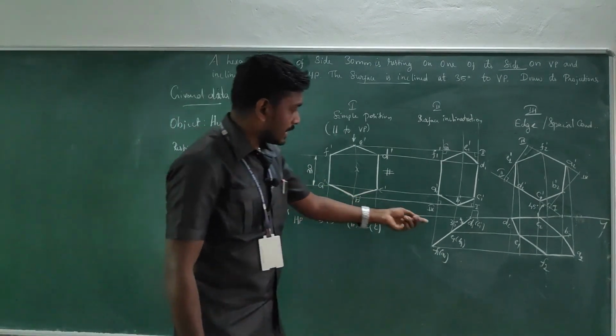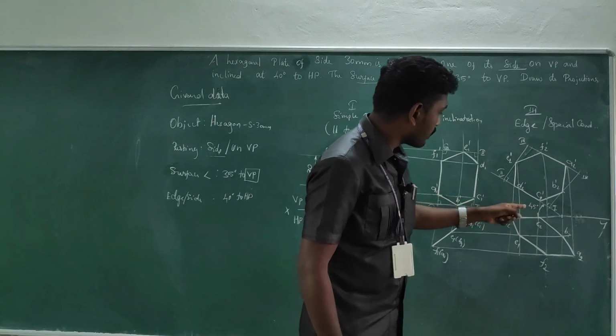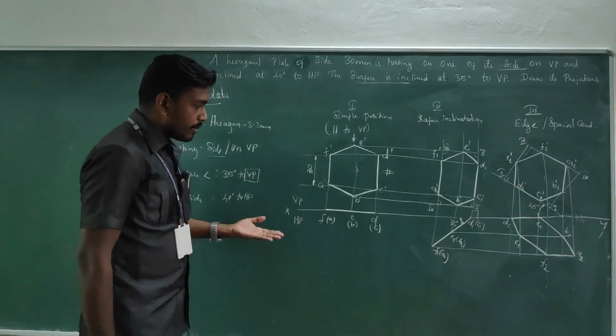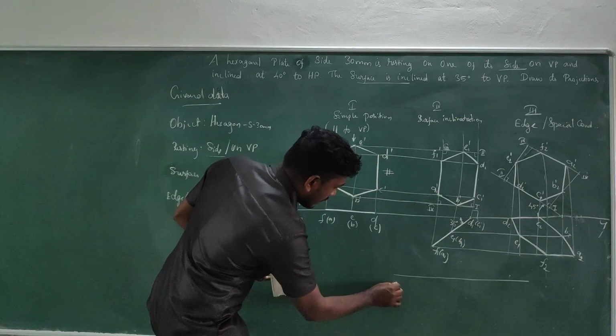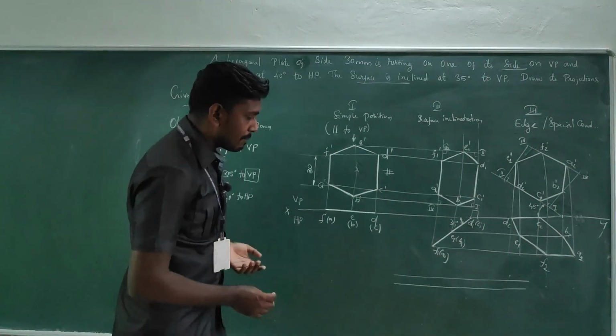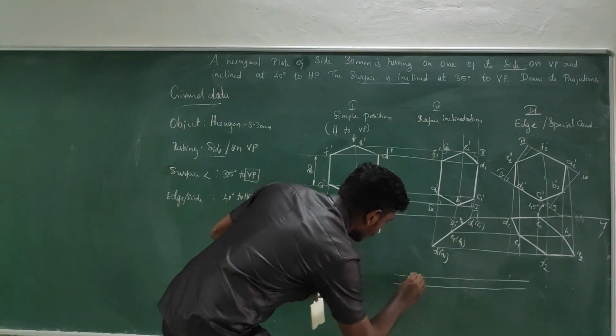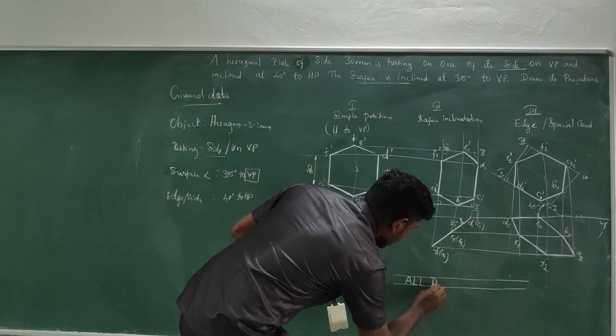Then inclination 35, it is shown on the surface, and next edge inclination 45, which is also captured. Below the diagram, note by taking the parallel lines with a gap of 5 mm. Note all dimensions.